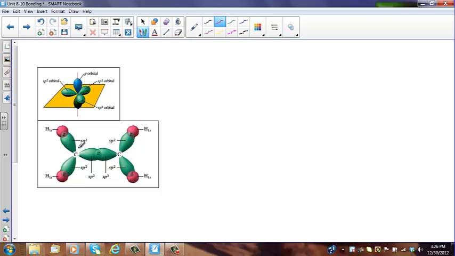So this is just another view of the diagram that we saw, and it's perpendicular to the plane of the hybrid. So here, you took one s and 2 p's and they hybridized into sp2, and then the third p orbital remained unchanged.